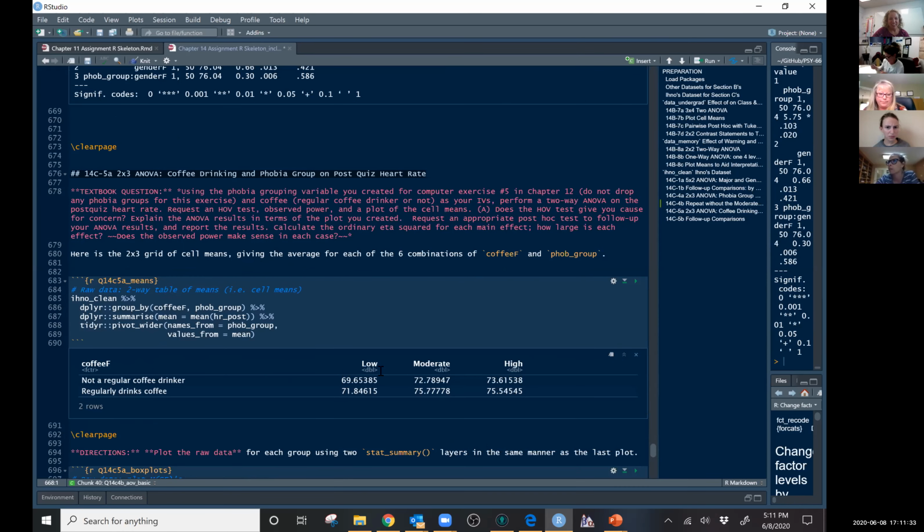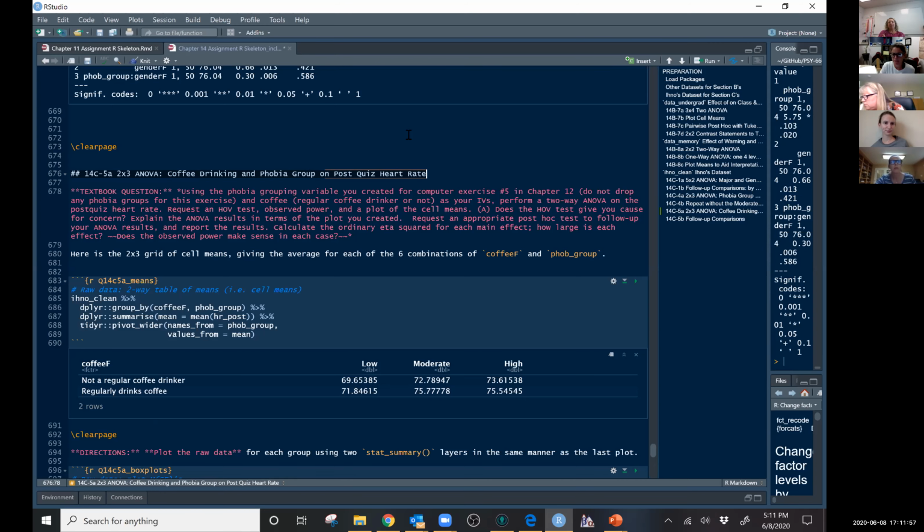Okay. So here we're looking at the phobia group variable again, but we're looking at coffee drinkers as our second factor. What's our dependent variable? It's our post-test heart rate.